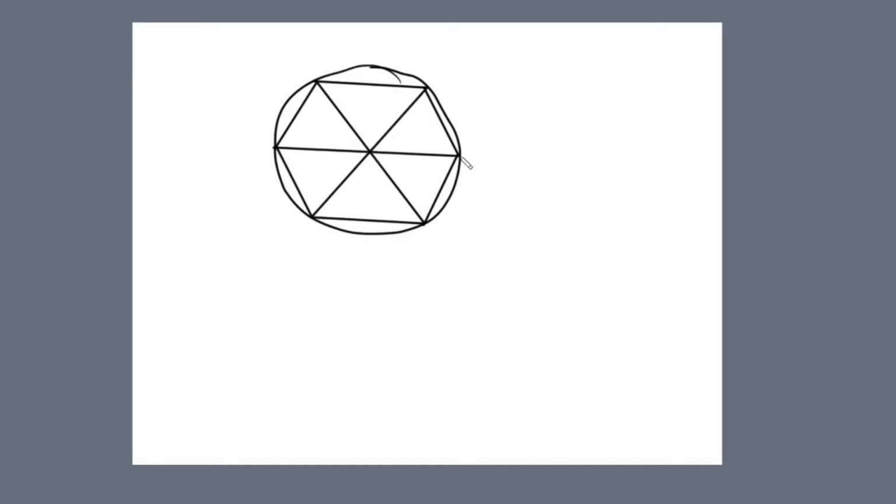And they all meet in this point. And this is 0.5, and they're all 0.5. Also, since these are all equal angles, it means that this is an equilateral triangle with sides of 0.5, which means that the side is 0.5. And that means that the perimeter of this hexagon is 0.5 multiplied by 6, which is equal to 3, which means that pi is bigger than 3.